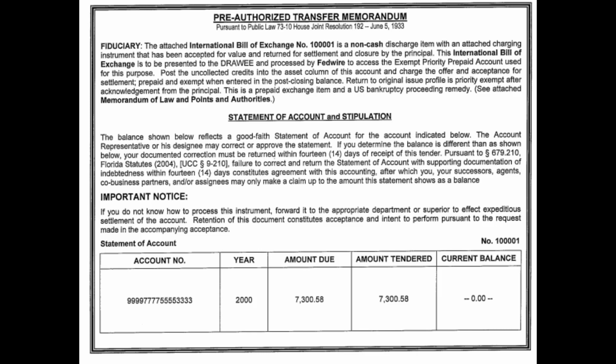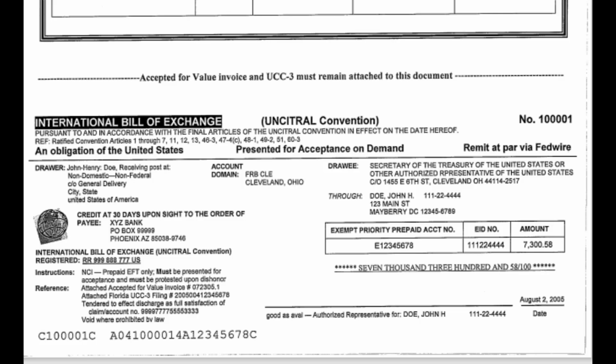Failure to correct and return the statement of account with your supporting documentation of indebtedness within 14 days constitutes agreement within this accounting, after which you, your successors, agents, co-business partners, and or assignees may only make a claim up to the amount this statement shows as a balance. Important notice: if you do not know how to process this instrument, forward it to the appropriate department or superior to effect expeditious settlement of the account, which means to expedite, to hurry up. Retention of this document constitutes acceptance and intent to perform pursuant to the request made by the accompanying acceptance.